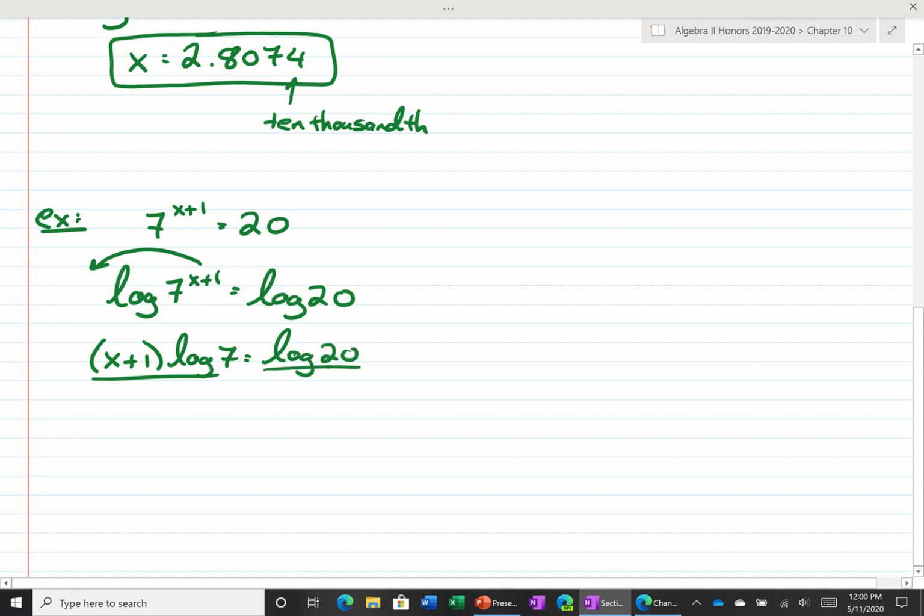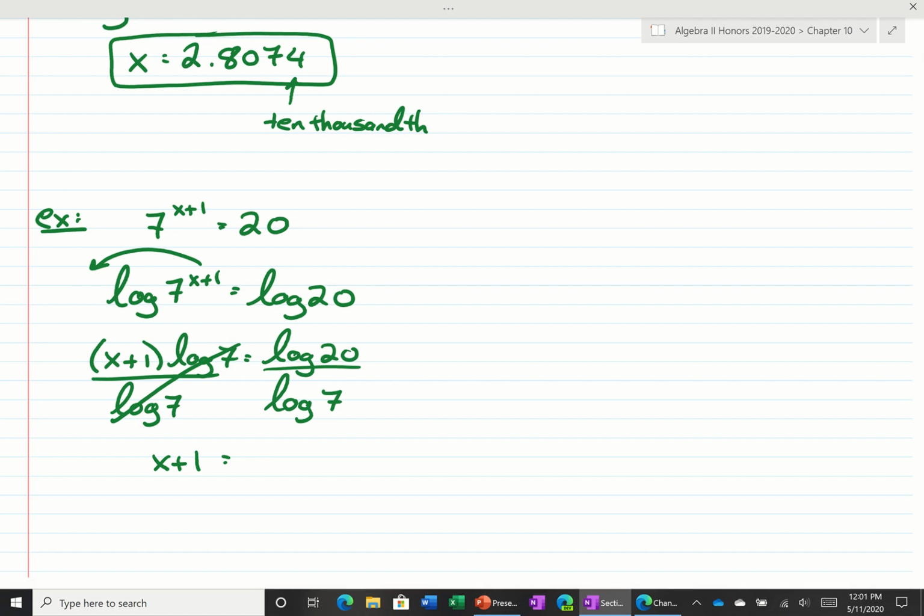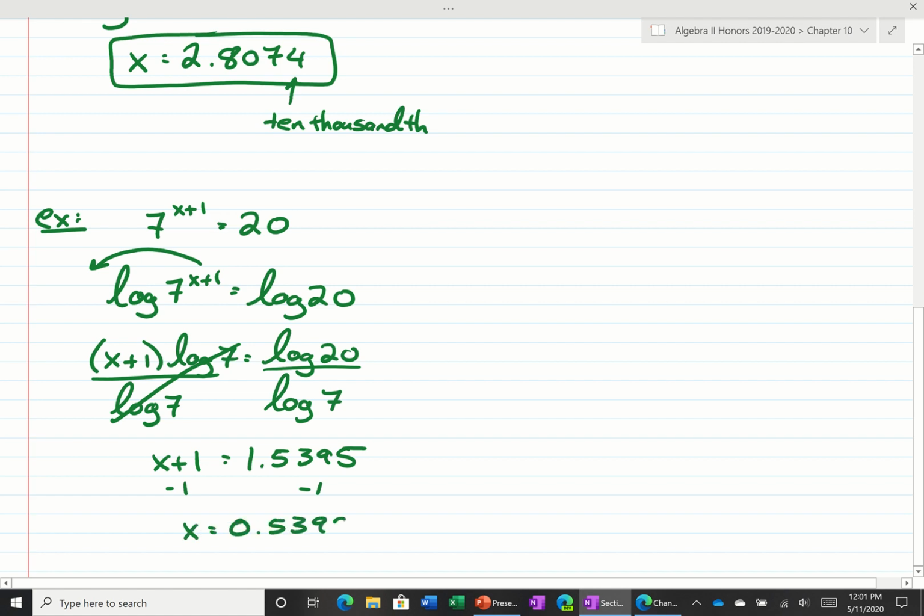If we divide both sides by the log of 7, we just get x plus 1 is equal to the log of 20, type that into your calculator, divided by the log of 7, make sure you close parentheses, and this is 1.5395, 4 decimal places. Get the x by itself, subtract 1 on both sides, you get x is equal to 0.5395. That's how we solve a problem like that.